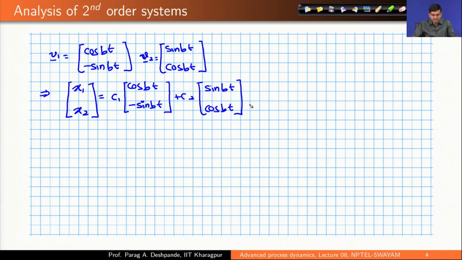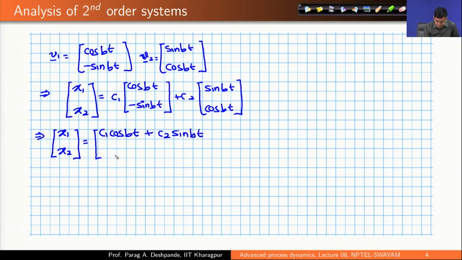So, therefore, my solution is of this form, from where I can write [x 1 x 2] is equal to [C 1 cos b t plus C 2 sin b t; minus C 1 sin b t plus C 2 cos b t].